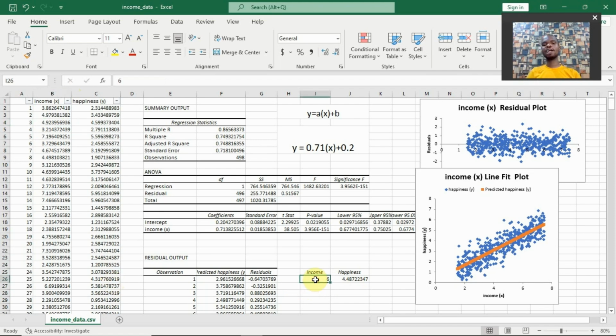So let's say someone has an income of 8, which is not in the data that we have. Because we built a model based on this organization's rating of income and happiness index, we can predict that this person's happiness will be close to 6.